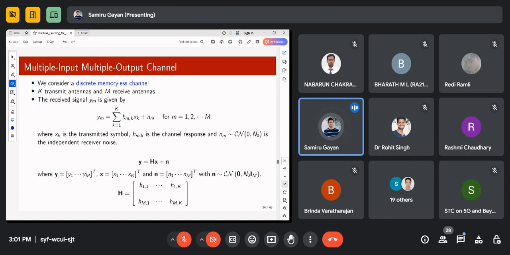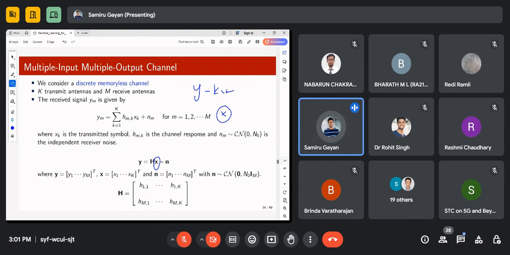What we need here is to use this equation to get some understanding. With this equation, what we normally do is predict X. If we know Y, we can predict X. That is what we call detection. We all know that.